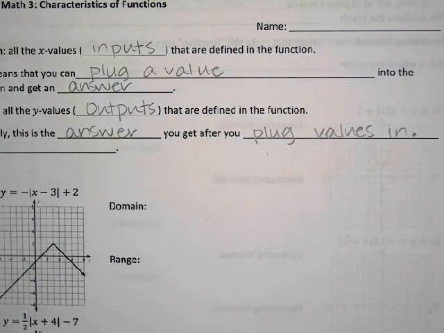So if you plug all of the possible values into a function, what are the different answers you can get as a result? That's what the range is. It's all of the different answers combined together, and then you think it through. So in a graph, that would be all the up and the down. How far up the graph can go, how far down the graph can go, that's the range of values.